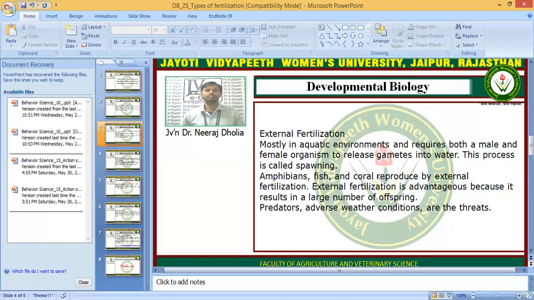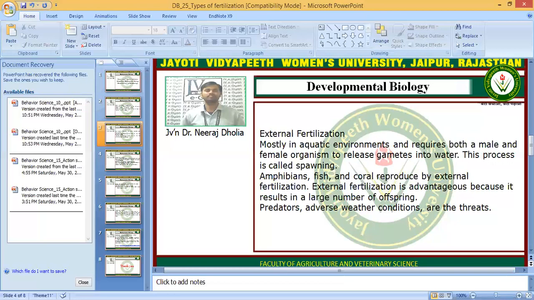This process of releasing the gametes into the water is known as spawning. Amphibians, fishes, and corals reproduce by external fertilization. External fertilization has many advantages because they produce a large number of offspring.